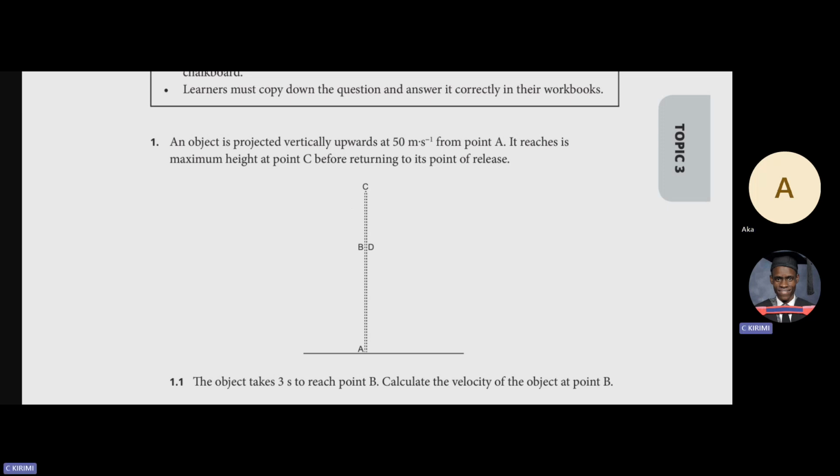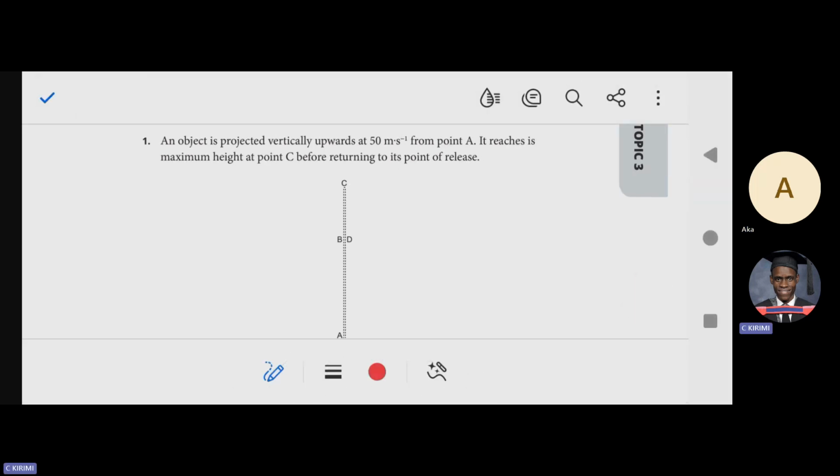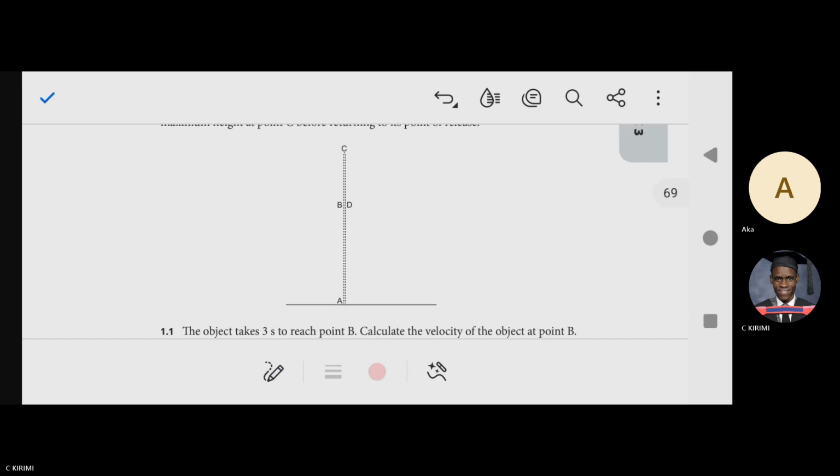The object takes 3 seconds to reach point B. Calculate the velocity of the object at point B. Means that it's VF.